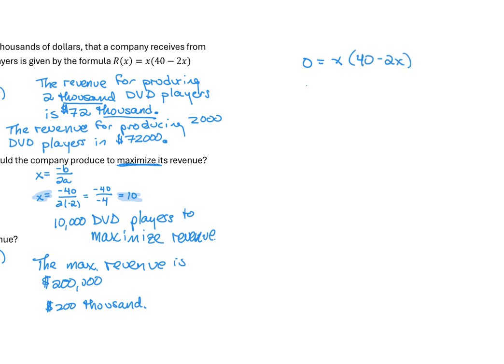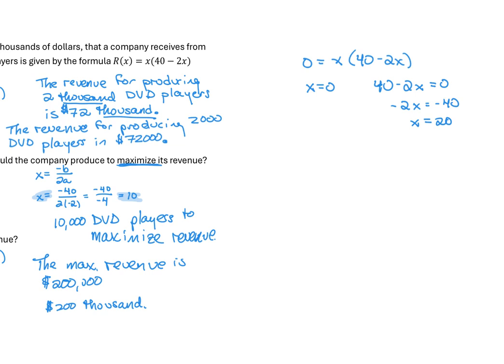This is in factored form, so we can say x equals 0 is an x-intercept. 40 minus 2x is also an x-intercept, or a 0. And if we solve this second one, we subtract 40 from both sides, divide by negative 2, and we get x equals 20.